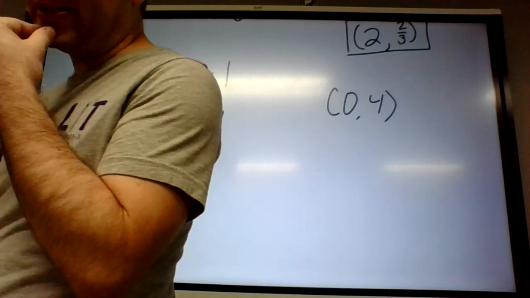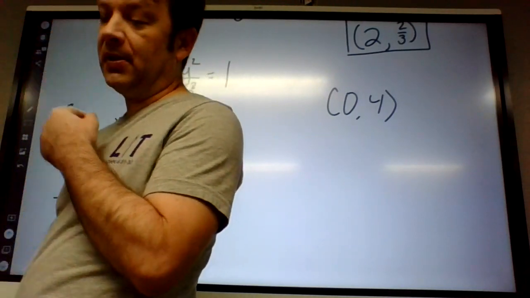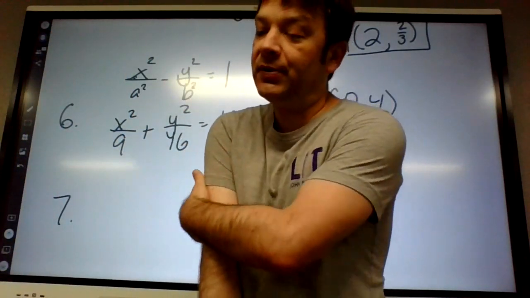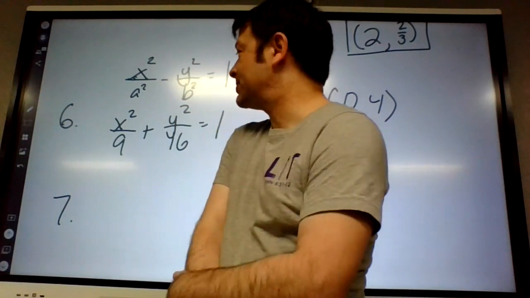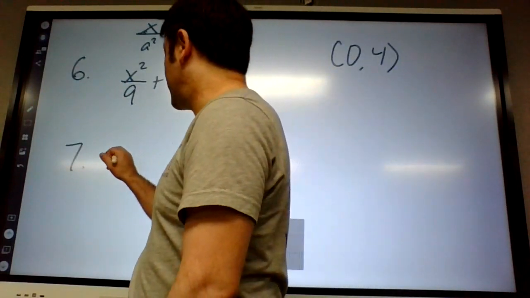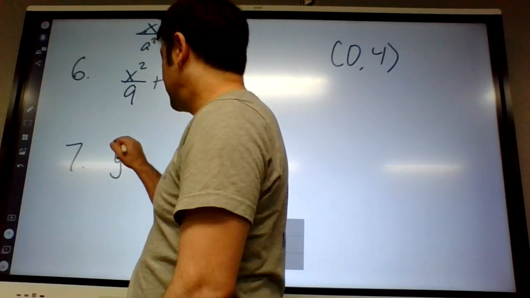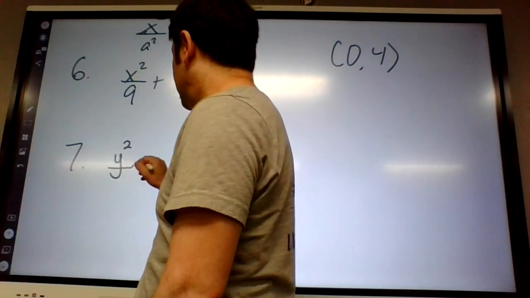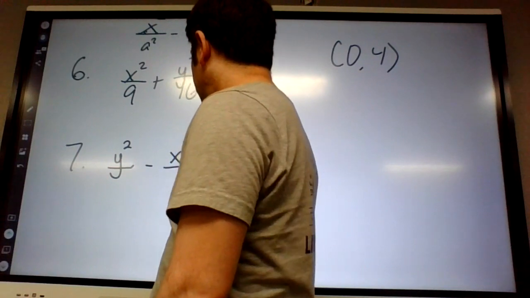The vertex is 0, -3. Okay, if the vertex is at -3, that tells me it's on the y-axis, and the y is the major axis. How do I make the y the major axis? You make it the positive one. Like this.